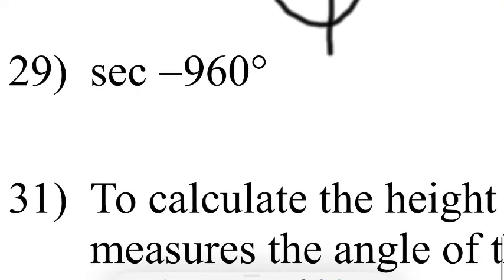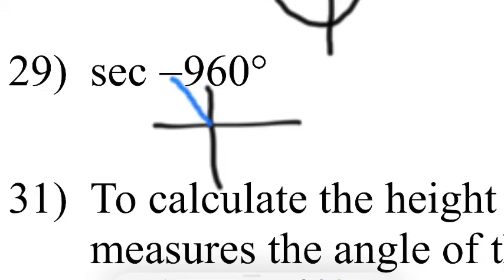29 gets a little bit more complicated. So first, let's find our reference angle. So if we sketch this, if we subtract 360 twice, we're left with 120. So approximately in the second quadrant, and we go around negative 2 times.